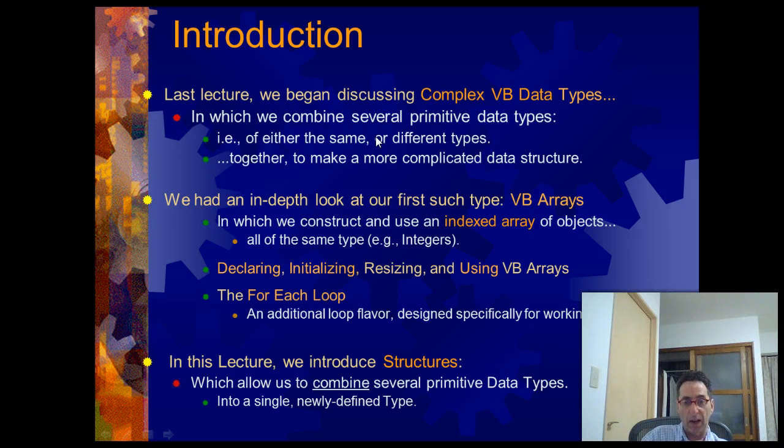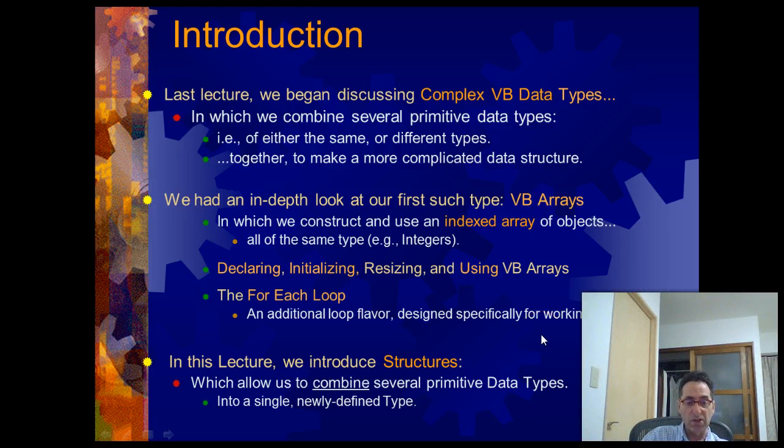We had an in-depth look at our first such data type, Visual Basic arrays, in which we construct and use an indexed array of objects, all of the same type. And we talked about declaring and initializing and resizing and using those arrays. We also talked about the for each loop, and we used that, remember, to give a value, populate an array. An additional loop flavor designed specifically for working with lists.